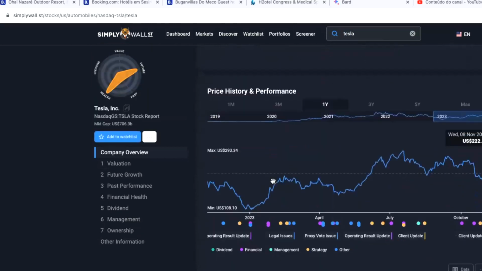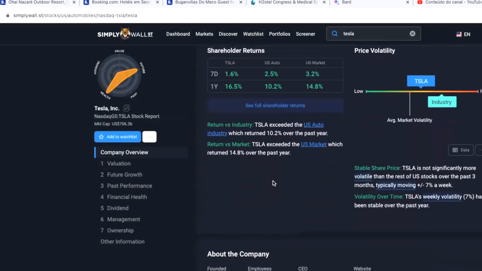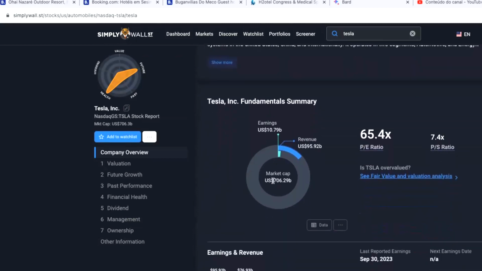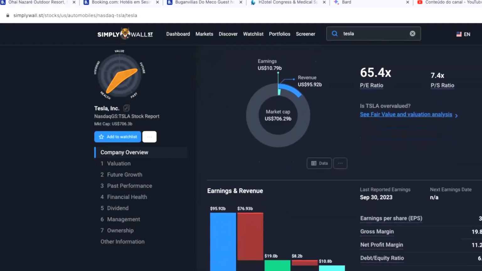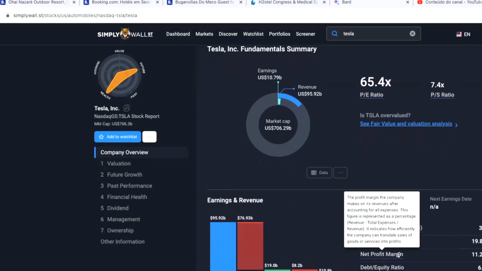The first one, you can say it's conservative, but I always like to look at the PE ratio. This value here, the PE ratio. Then I also look at the price to sales ratio. And the third value is the net profit margin.